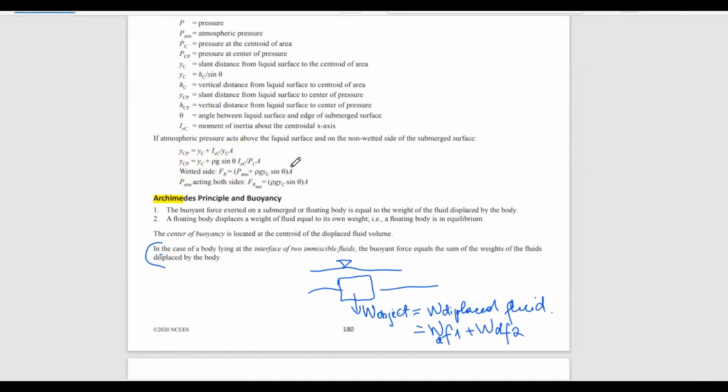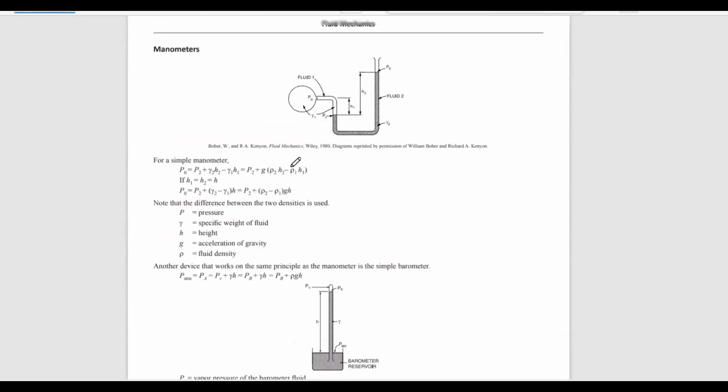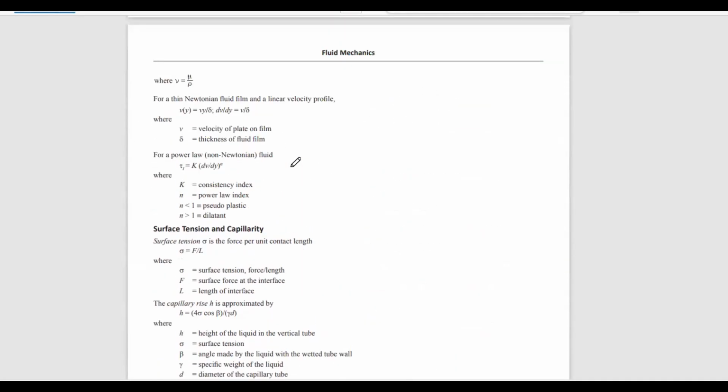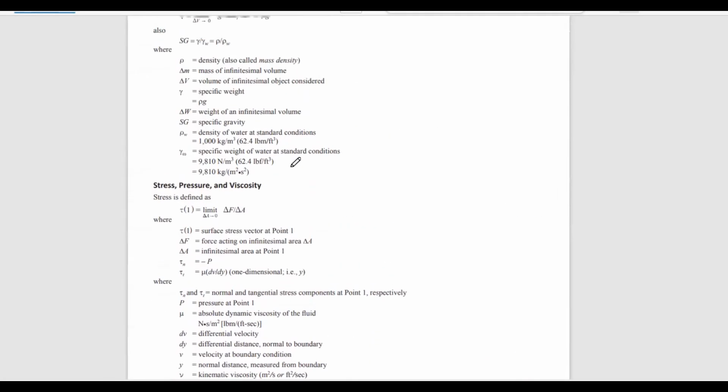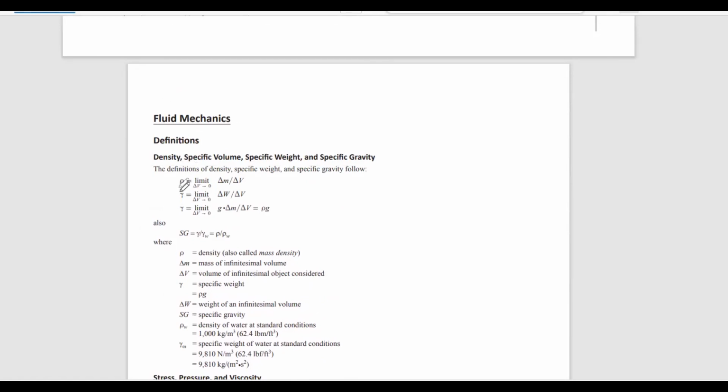Going back to the FE Handbook, I'm going to scroll up here to the fluid mechanics section all the way at the beginning. You are given the specific gravity formula, which is the unit weight of the fluid divided by the unit weight of water, or the density of the fluid divided by the density of water.